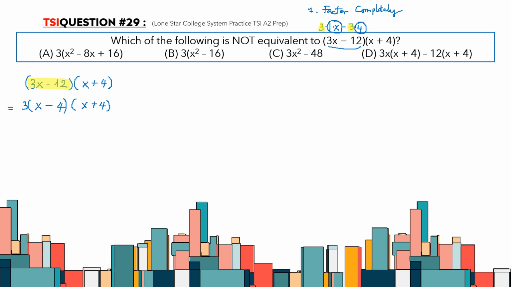So we're done with that part right there, 3x minus 12. Now this one they call factor completely. This step is the factor completely part.